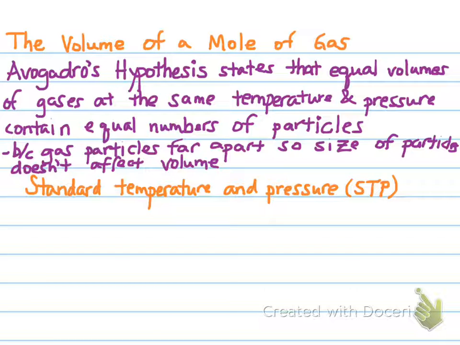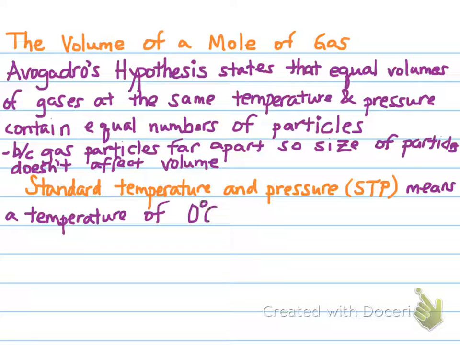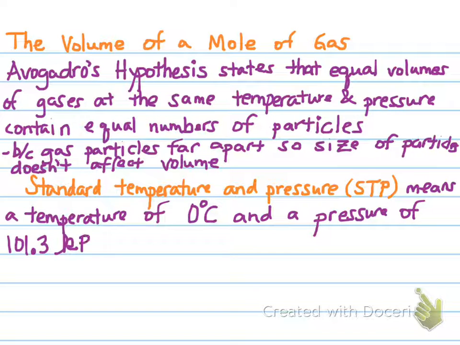Okay? So we talk about what's called standard temperature and pressure, STP. And standard temperature and pressure means a temperature of 0 degrees Celsius and a pressure of 101.3 kilopascals, which is the same as 1 atmosphere of pressure.